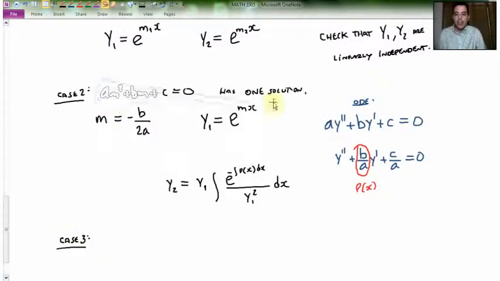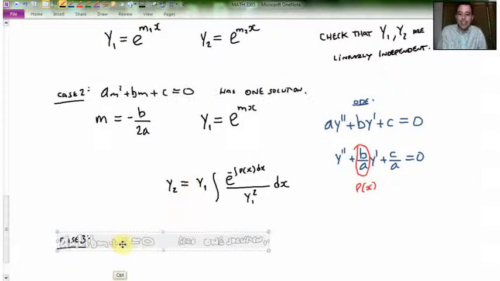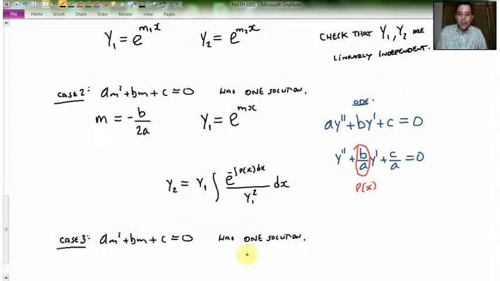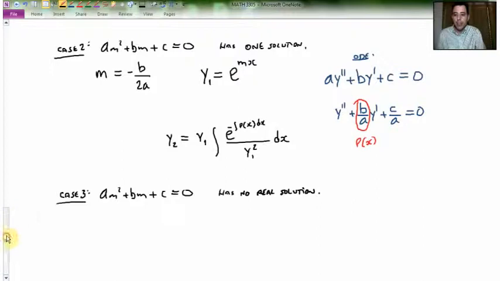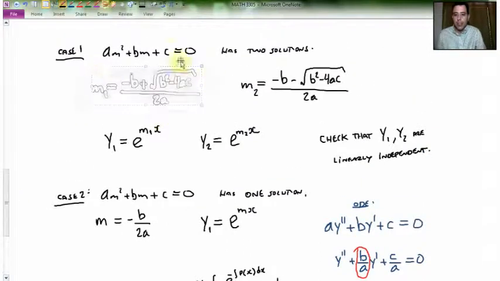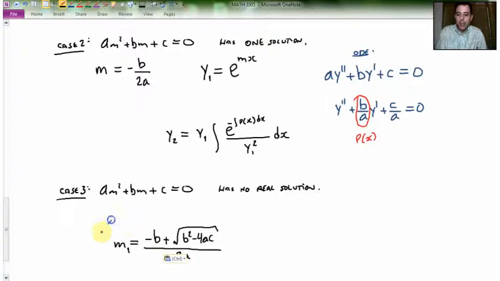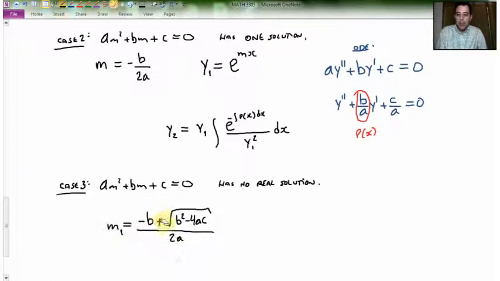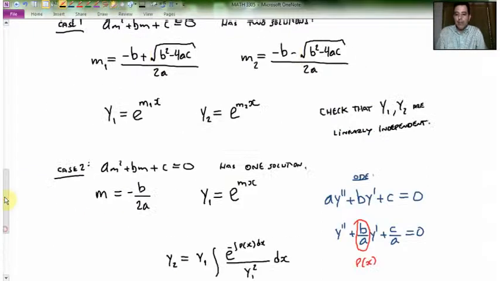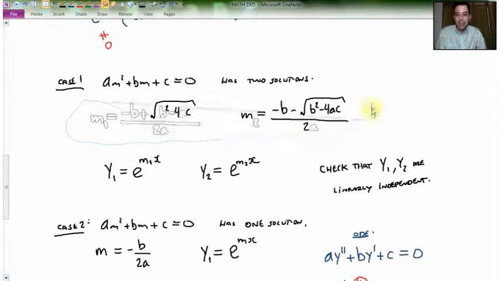That's when this quadratic equation has no real solution, okay? And that's exactly when the discriminant is negative. So let me pick this one here, and I'll put it right there. So you have, okay, you can pick both.